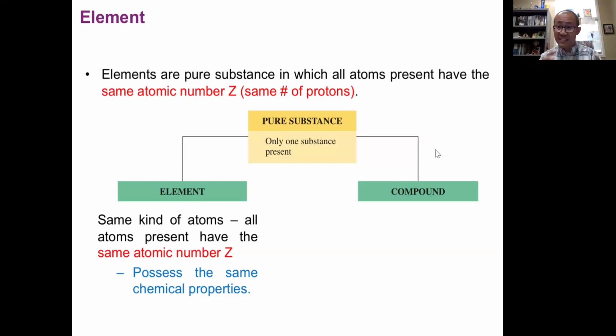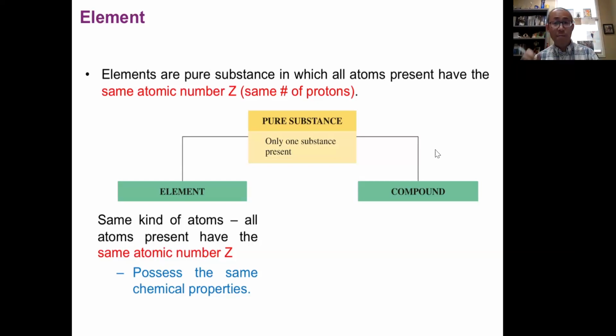If atoms are the same type, those atoms must have the same number of protons, because the proton number is called the atomic number. The number of protons specifies what type of atom it is. Elements are pure substances in which all atoms are the same type, and same type means those atoms must have the same proton number.